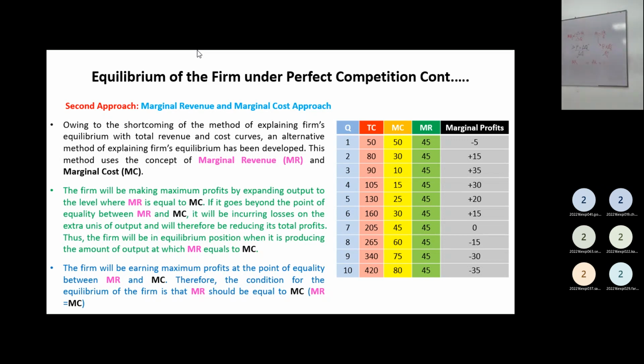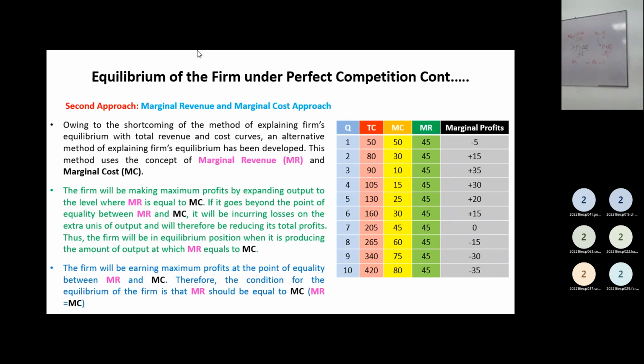Did you get what I said? By producing that additional quantity, you are going to get 20 rupees, but you have to incur 45. You are not satisfied.